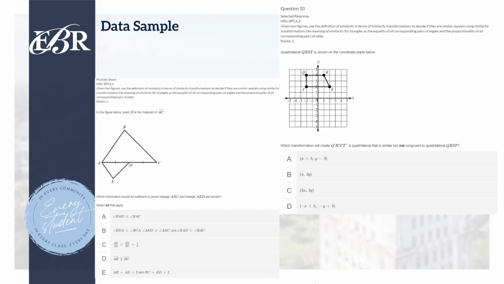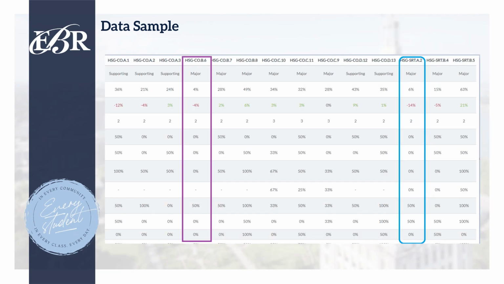Now, since I've seen these questions, I wonder what I could do for my students. But then I want to take it a step further. Since I see that my whole group is struggling with this standard and they're struggling with both types of questions, let's look a little deeper. Then I want to look at my student data.